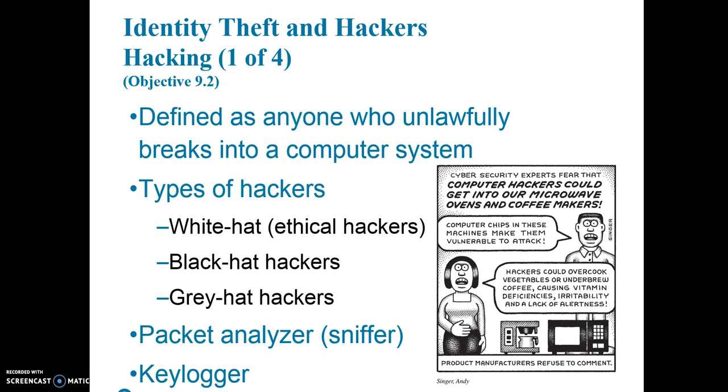Black hat hackers, okay, up to no good. Breaking into systems to destroy information or for some sort of illegal gain. All right. We also have gray hat hackers, which illegally break into systems to just sort of say they did it, to flaunt their expertise. Okay.